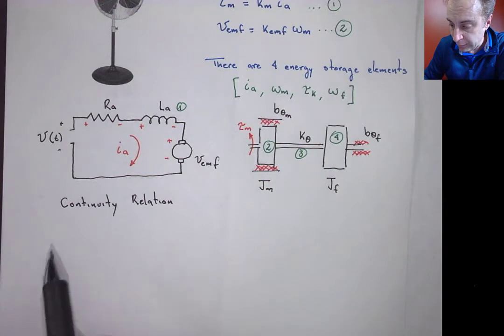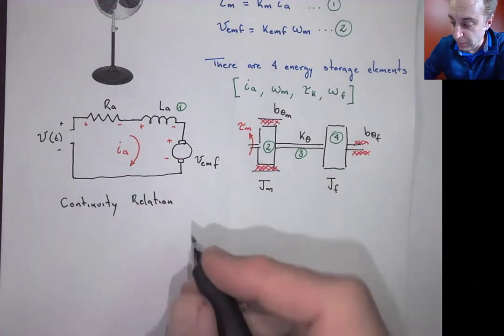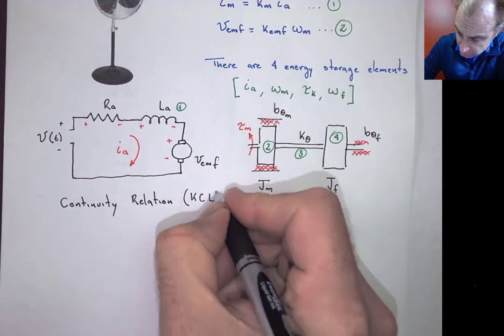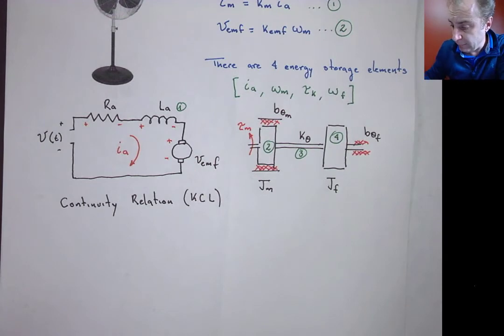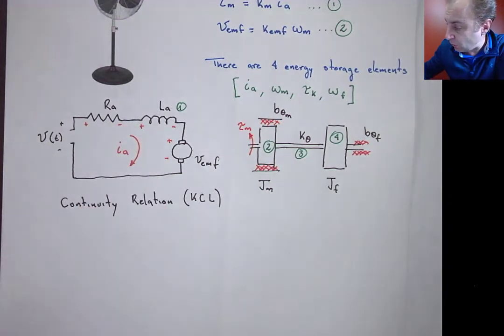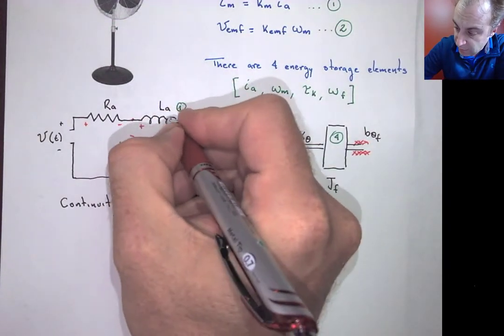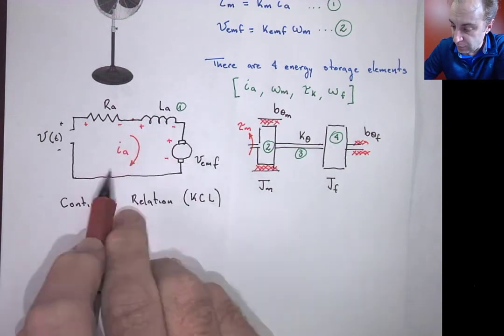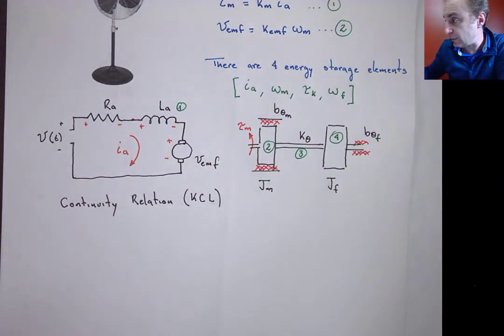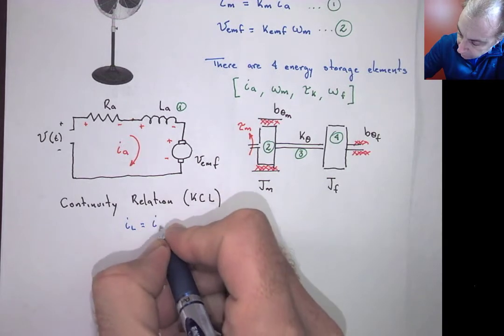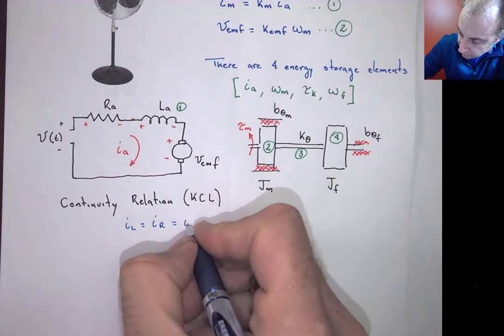So in this case would be currents, and in the case of the circuit would be Kirchhoff's current law, okay, KCL. And in this case, the current passing through the resistor, this is our node here, is going to be the same as the current passing through the inductor, which is our armature current at the end. So we have that IL is going to be equal to IR, which is going to be equal to IA.